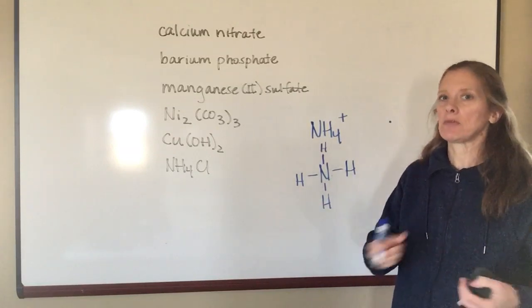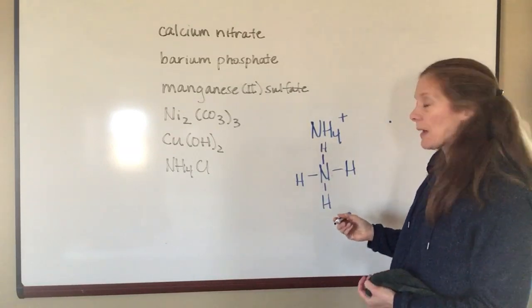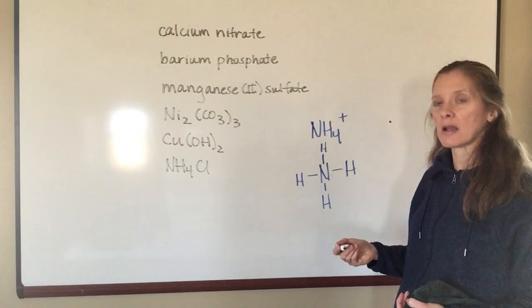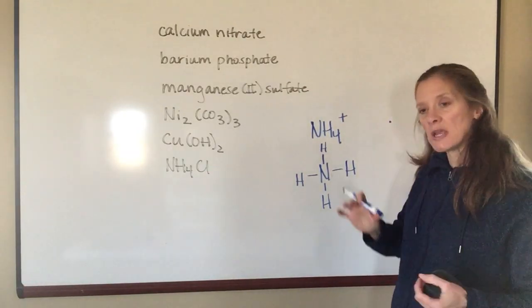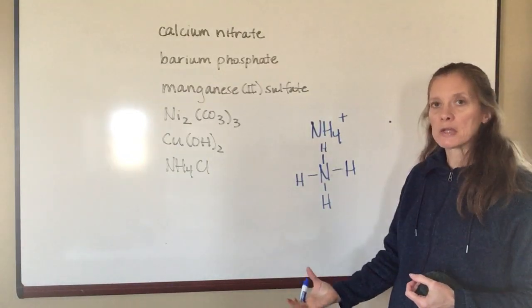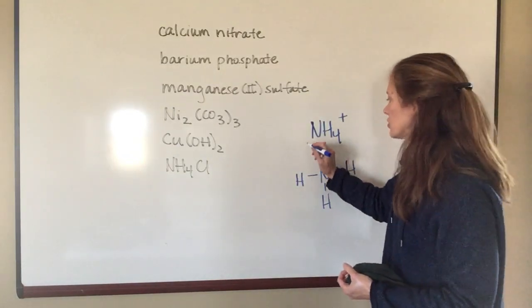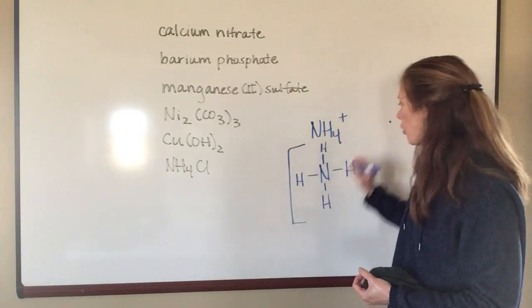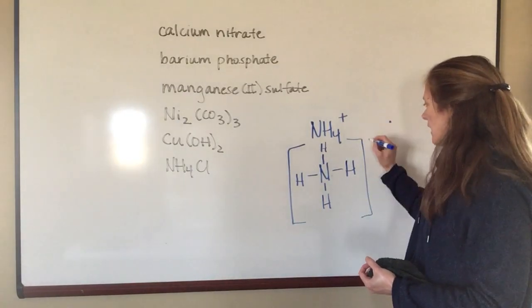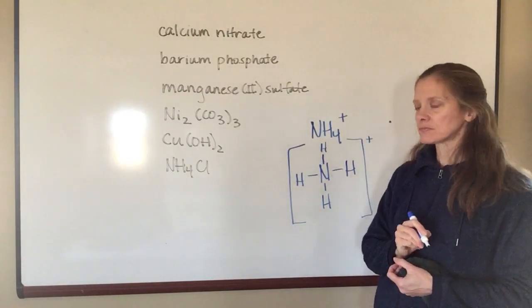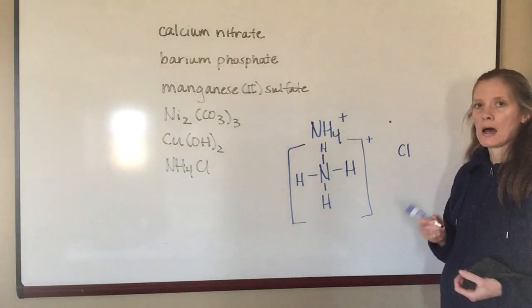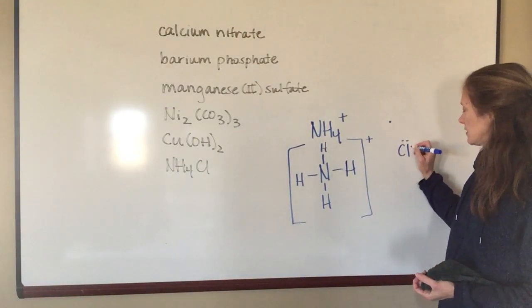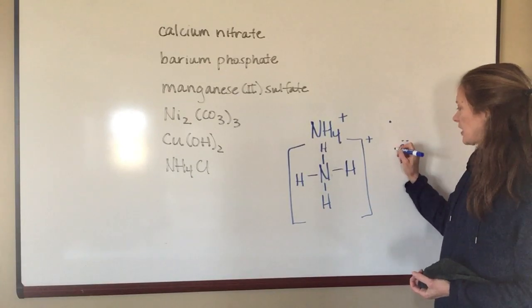Now, you can't really just have electrons float around, but what happens, with what you've learned in ionic compounds, is that this electron will then be donated to another element in order to make a negative ion. So this whole thing has a positive charge on it, and then if I have something like chlorine, chlorine normally has 7 electrons in its valence shell.